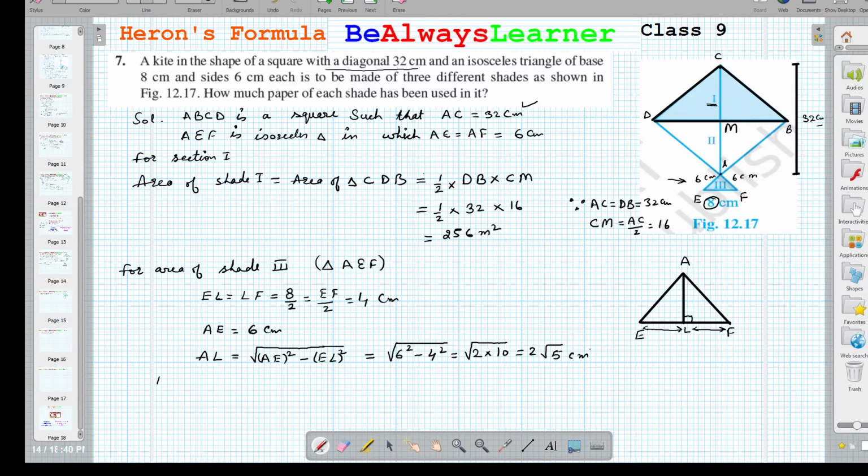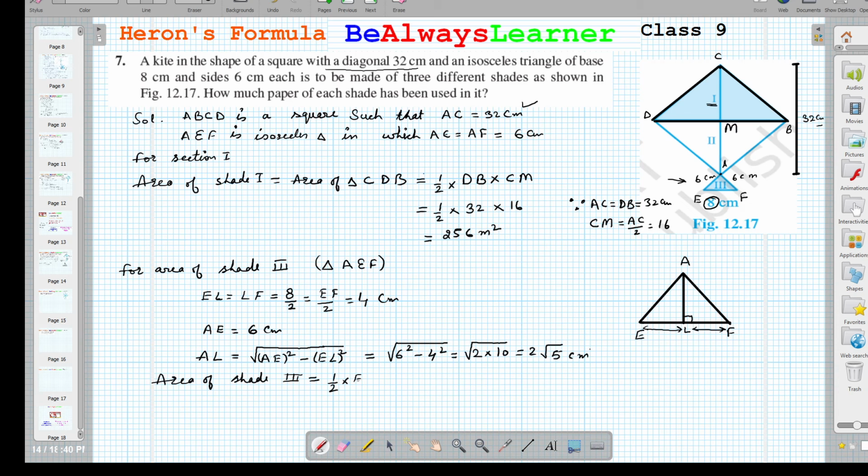Now the area we want to calculate, area of shade third, that is equal to 1 by 2 into base into height.